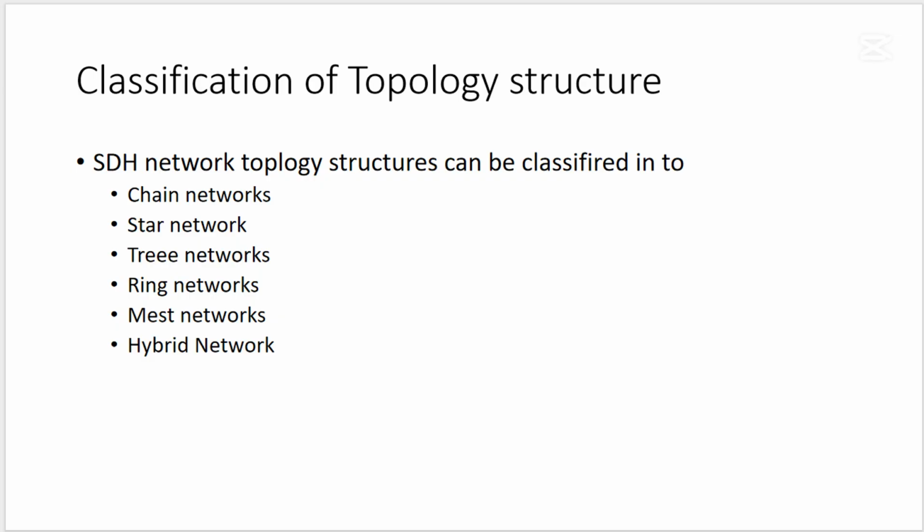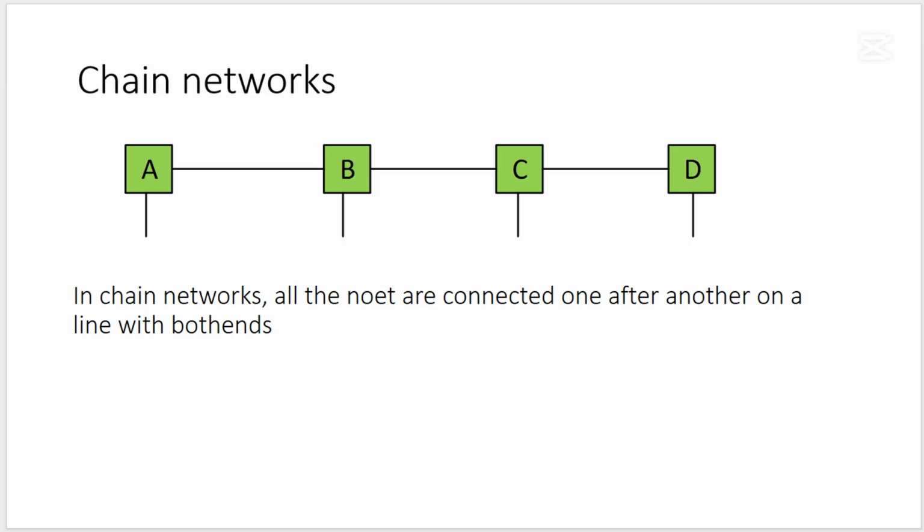So next we talk about point-to-point and or chain network. As you can see in the picture, in the chain network, all the nodes are interconnected one after another on a line without a border.